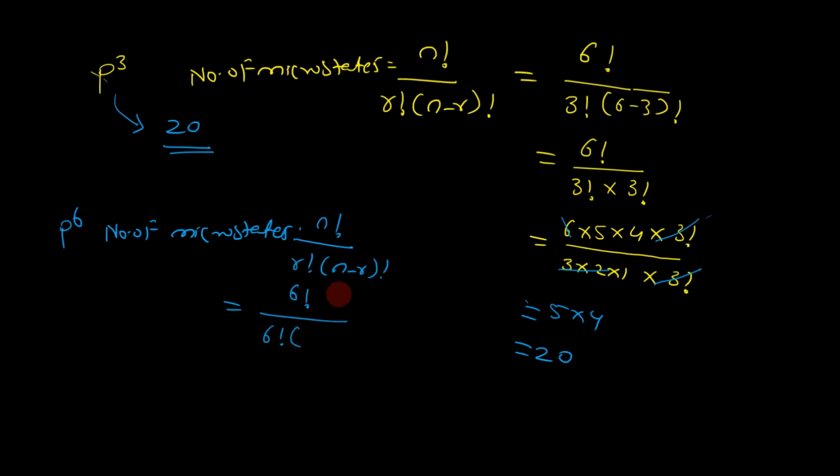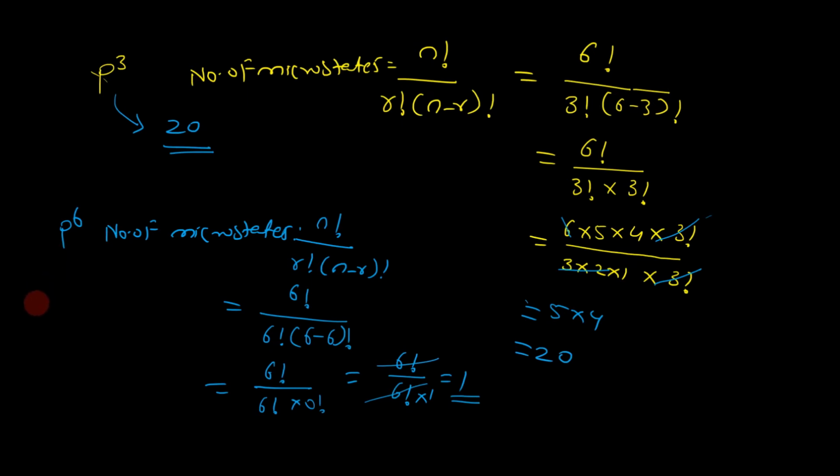And n minus r is 6 minus 6 factorial, so we get 6 factorial by 6 factorial into 0 factorial. We know that 0 factorial is 1, so 6 factorial by 6 factorial into 1, and the 6 factorials cancel, so we get the answer 1.